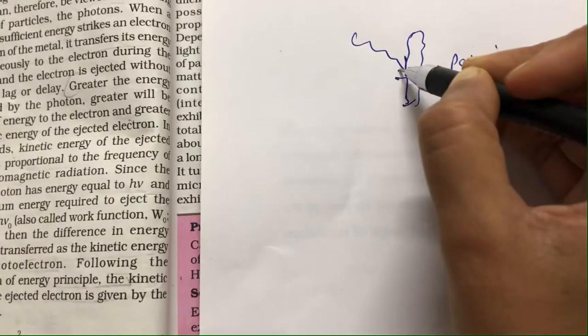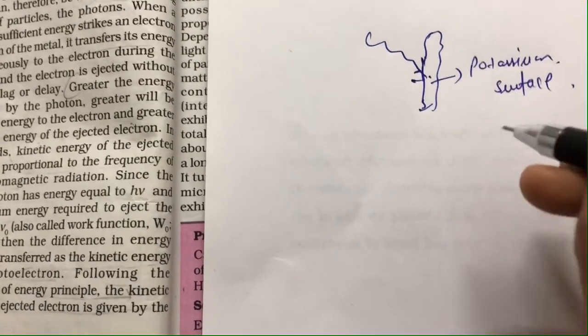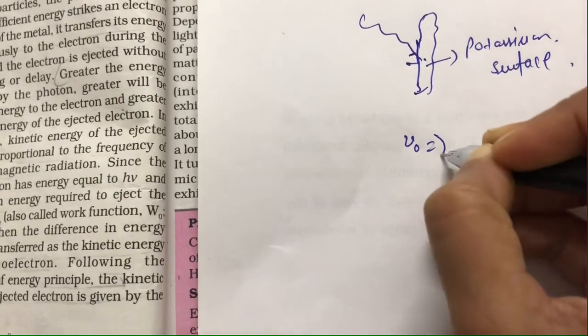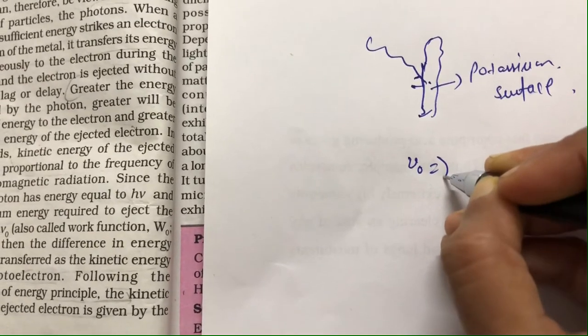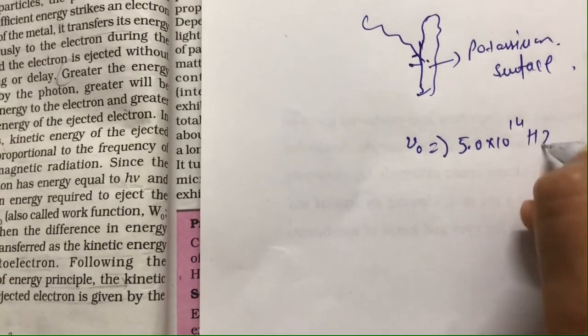According to the condition of the threshold frequency for potassium, nu naught, the threshold frequency required is 5.0 into 10 raised to power 14 hertz.